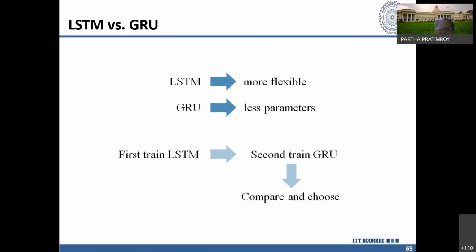GRU has fewer parameters. So for your different classification tasks in deep learning, you can run different experiments with GRU and LSTM, see which one is better, and then choose.